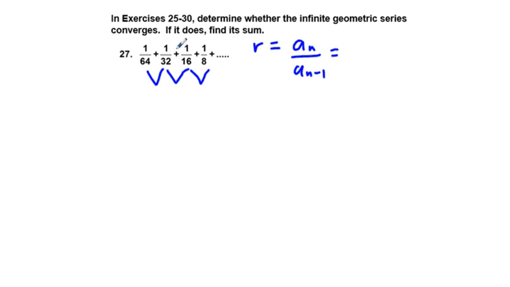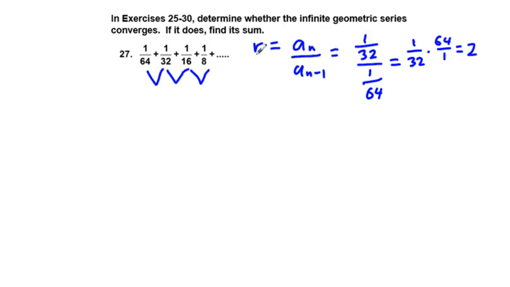In this instance, we take 1/32, which we call a sub n, divided by its predecessor term, 1/64. Dividing 1/32 by 1/64 is the same as taking 1/32 times the reciprocal of 1/64, which is 64 over 1, and so that's going to be 2. And so what we have is R equals 2.